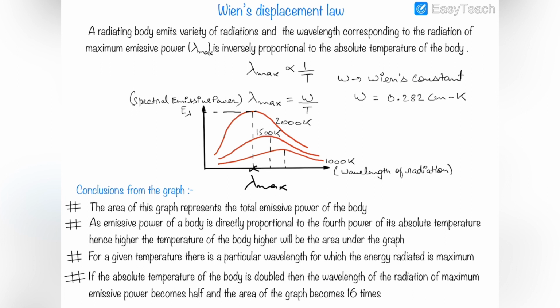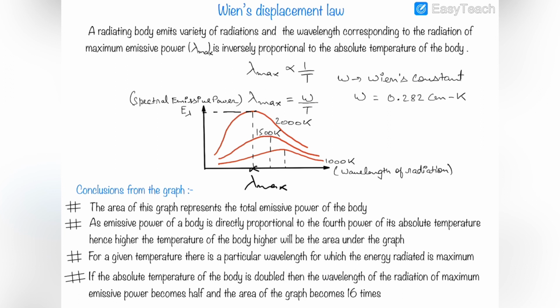So if we increase the temperature of the body, this graph is at 1000, then 1500, then 2000, then we can see that the lambda maximum is decreasing. Okay, so this is Wien's displacement law.